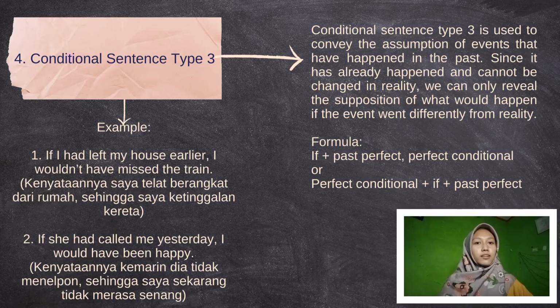We can only reveal the supposition of what would happen if the event went differently from reality. The formula, if plus past perfect, comma, perfect conditional, or perfect conditional plus if plus past perfect.